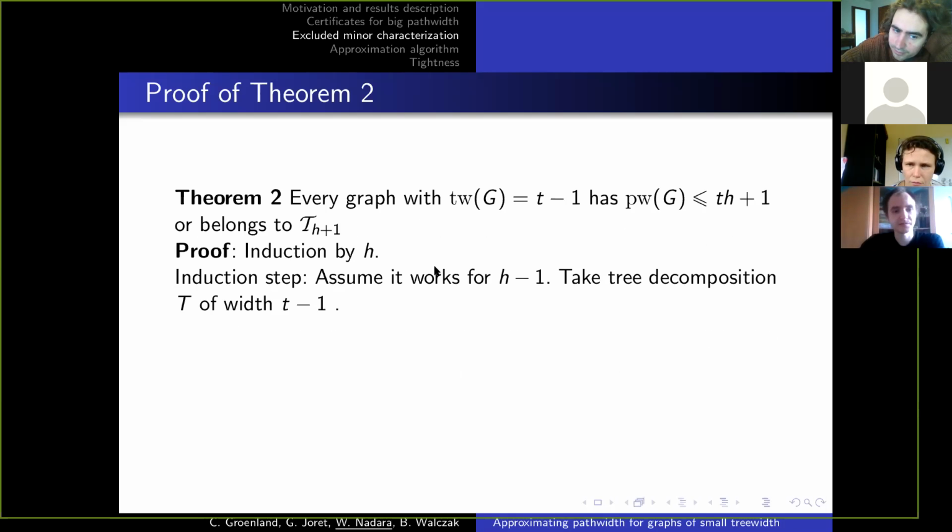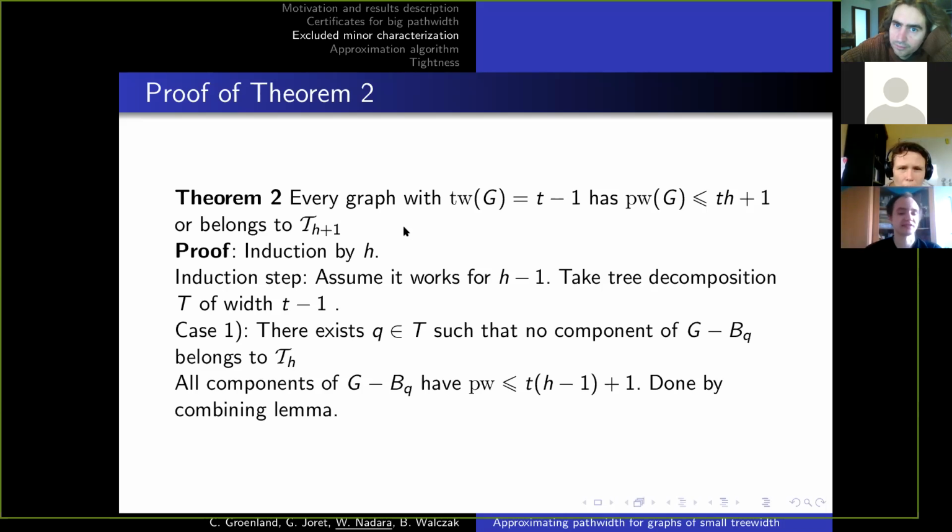Okay, so now we want to prove the induction step. Assume that it works for H minus 1, and let us take a tree decomposition T with T minus 1.